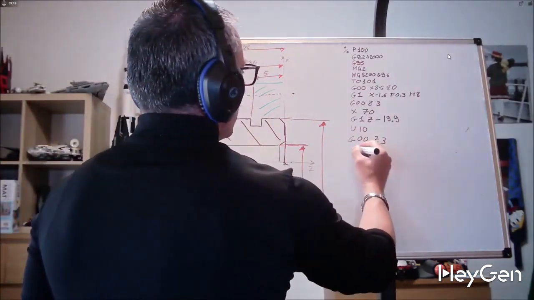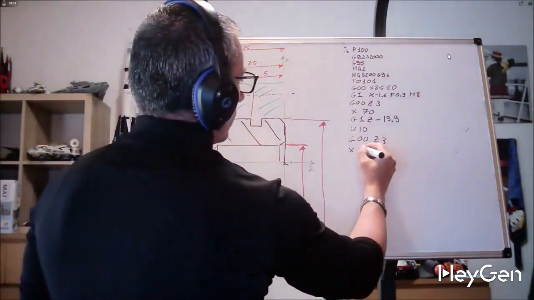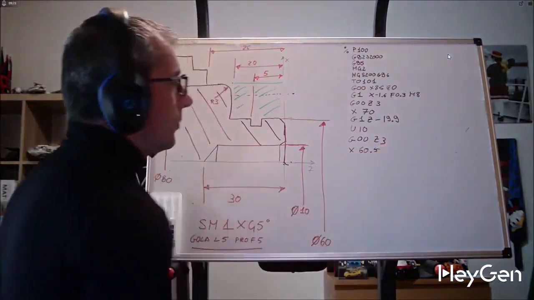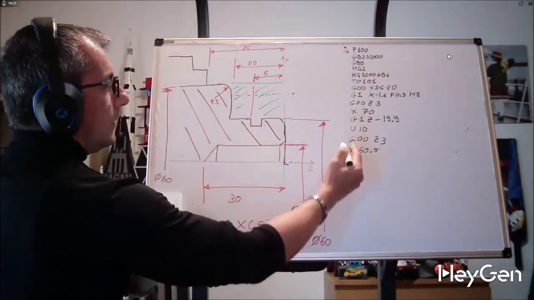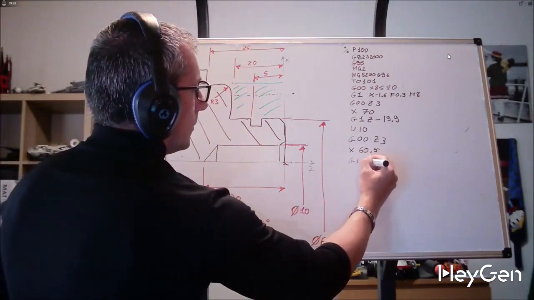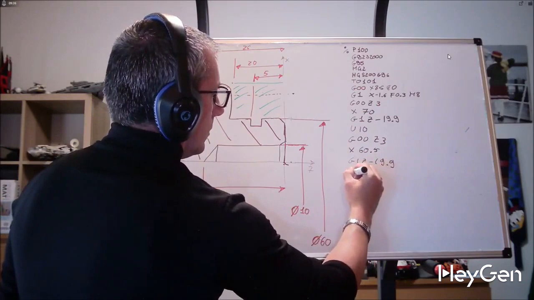Regarding just the U, perfect. Z3, X60. So I will write X60.5 because I leave a bit of excess material, and then I repeat clearly what I wrote above. So G1 Z19.9 U10.